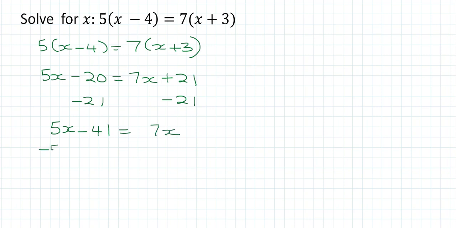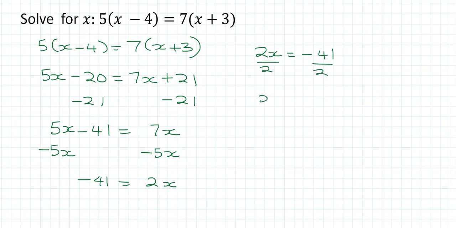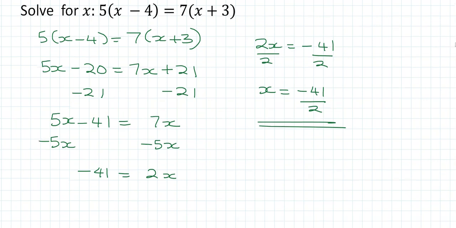Now we're going to subtract 5x from both sides. And we have negative 41 equal to 2x. So now we have 2x equal to negative 41. We divide both sides by 2. And we have x is equal to negative 41 over 2. So that is the solution to this equation.